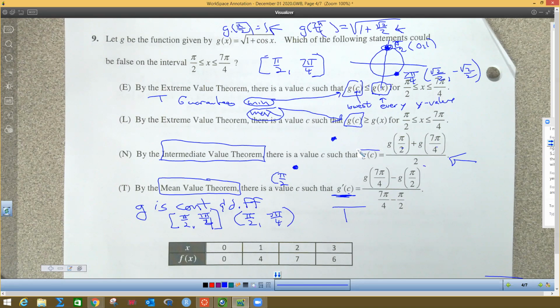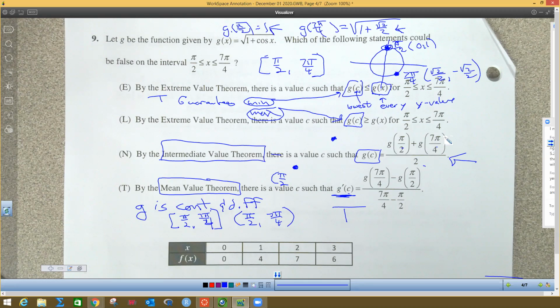This is saying there's a C value that will be the average of those two. Well, that's not what the intermediate value theorem tells us. The intermediate value theorem does not say that you are going to have an average value of the y's. That is not the intermediate value theorem. The intermediate value theorem says every y value would be hit.